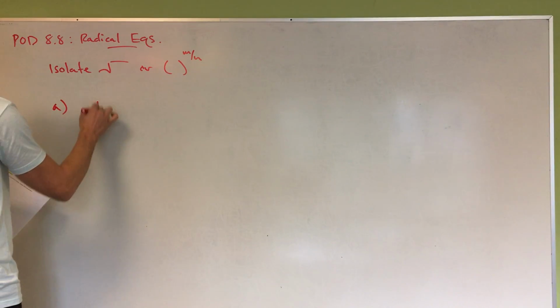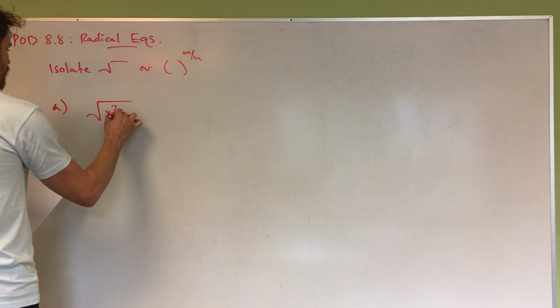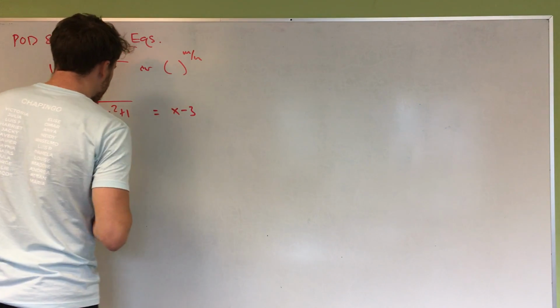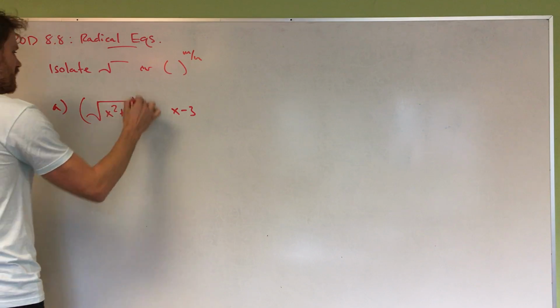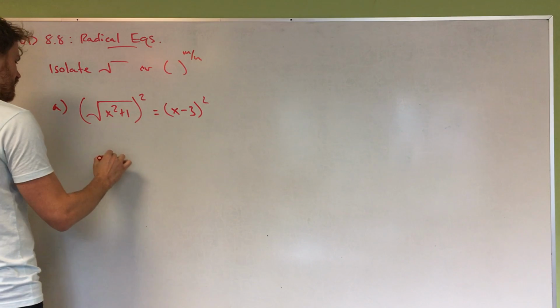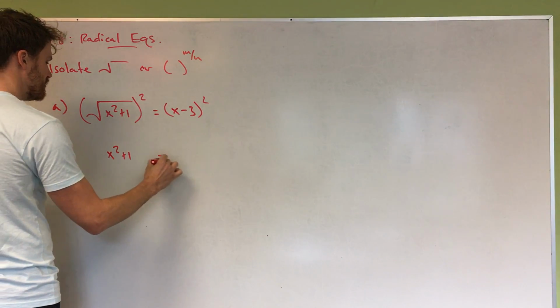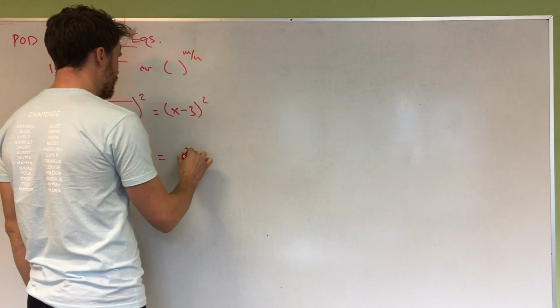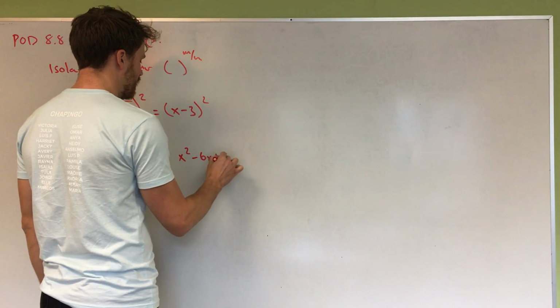It says take the square root of x squared plus 1. That's equal to x minus 3. So we're going to square both sides of this because the radical is already isolated. That should give me x squared plus 1, technically absolute value, but I'm going to leave that for now, equals x squared minus 6x plus 9.